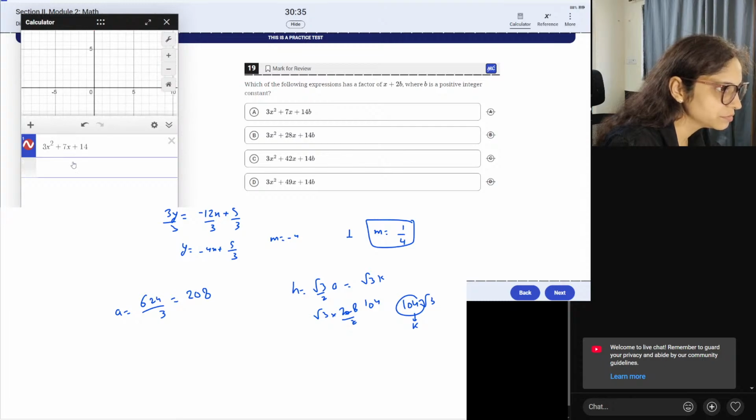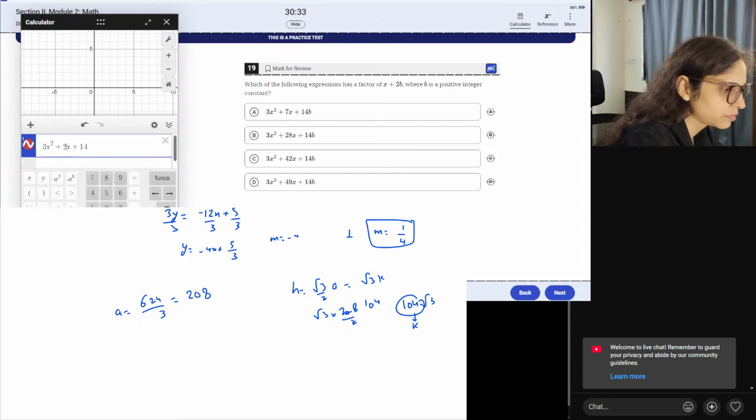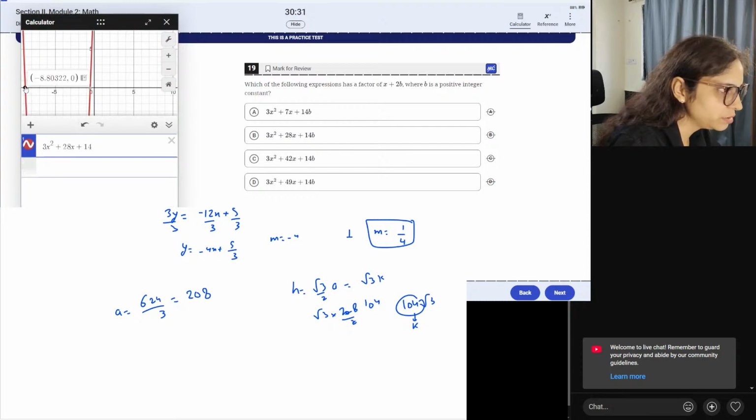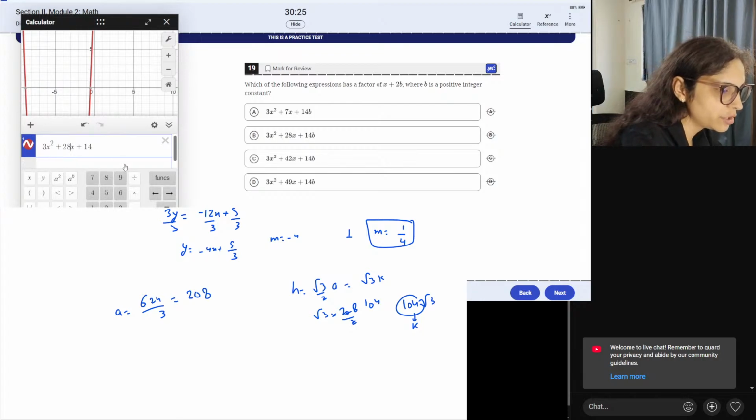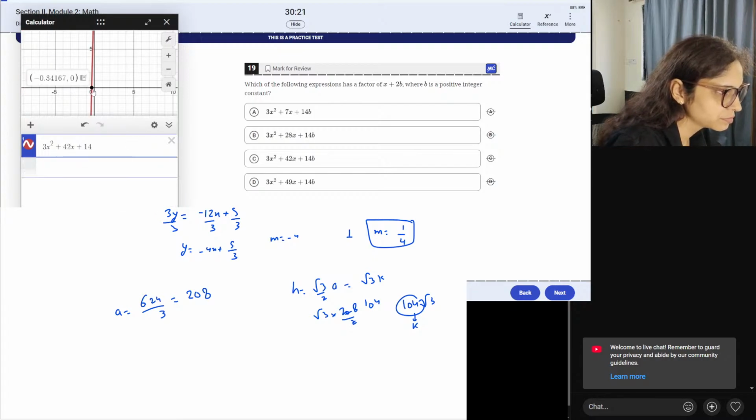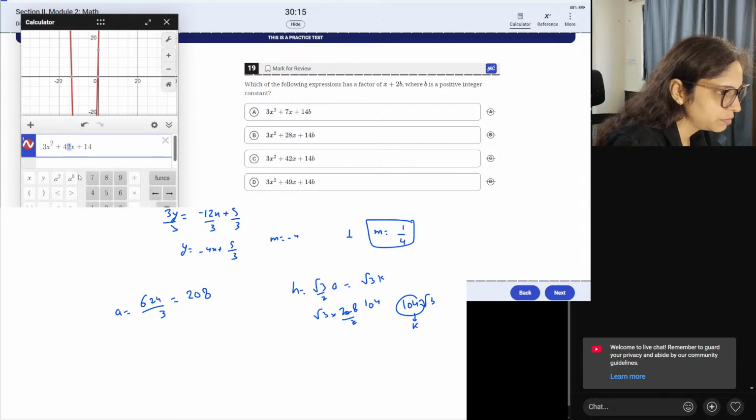This doesn't work. 28x plus 14. Negative 8.80, it doesn't work. Plus 42x. It doesn't work. Plus 49x, please work.